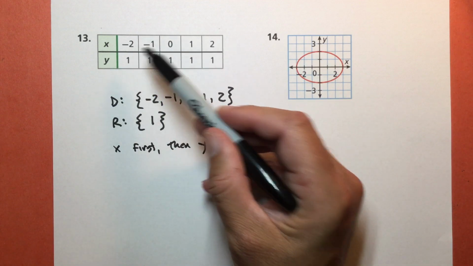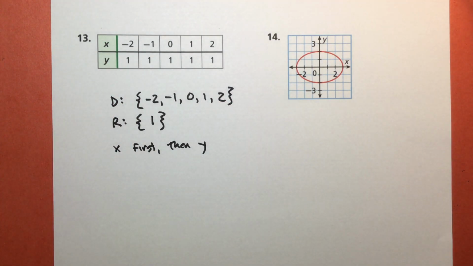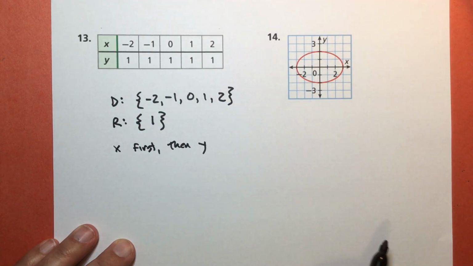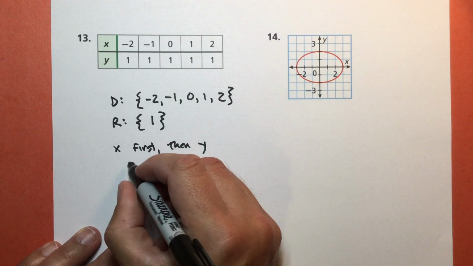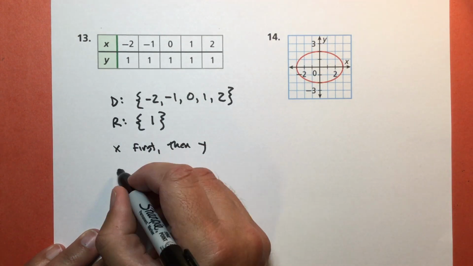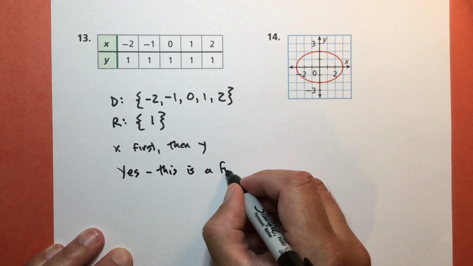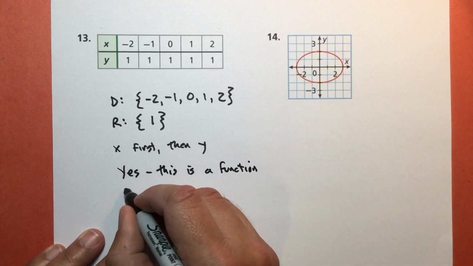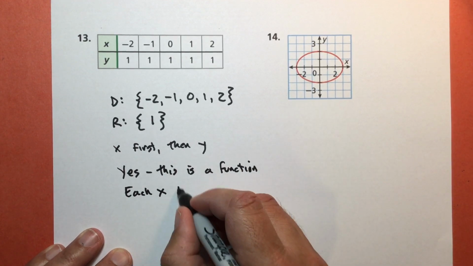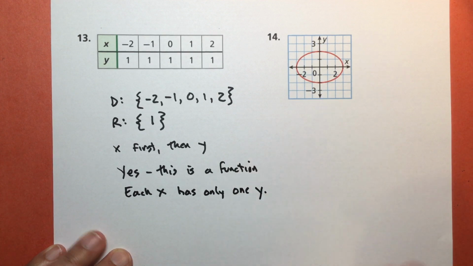If I said -2, which is not the same as +2, it goes to 1. Pretty soon, you're going to realize that this is an easy game. All you have to say is 1. Any number I give, you just say 1. But it is predictable. I can predict what you are going to say. So, yes, this is a function. Each x has only one y.